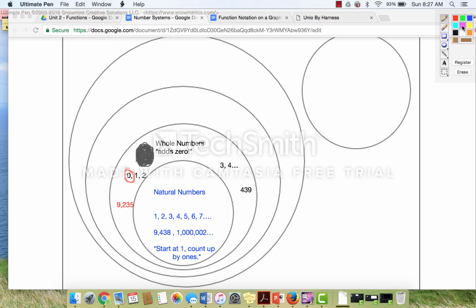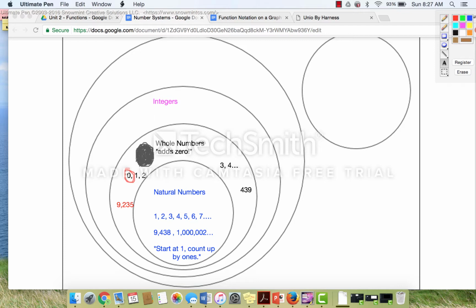All right. So now we can count up by 1s forever. We have an idea of having nothing. But what if we have less than nothing? That's where our integers are going to come in. So if you're in debt, if you are below sea level, we needed a way to express that.